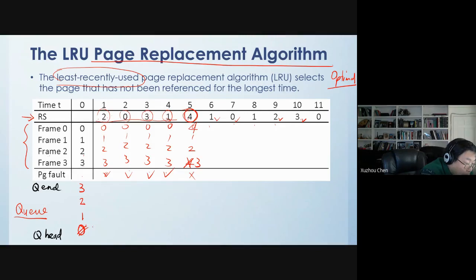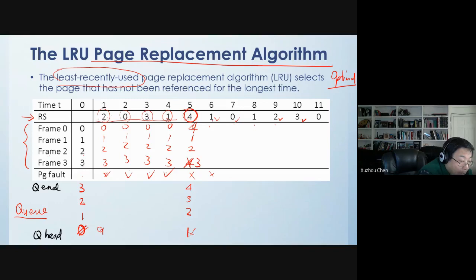We push everything forward, and if next time a page replacement is requested, you will replace page number 1. Now the next one in the page reference string is 1, and 1 is currently in memory, so there's no page fault.